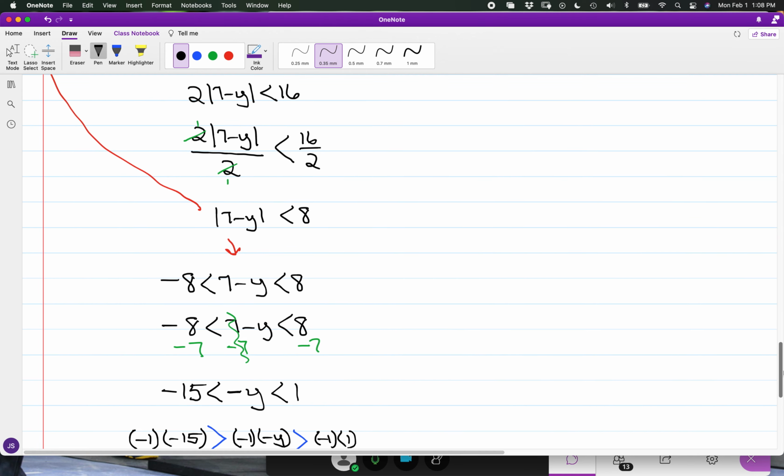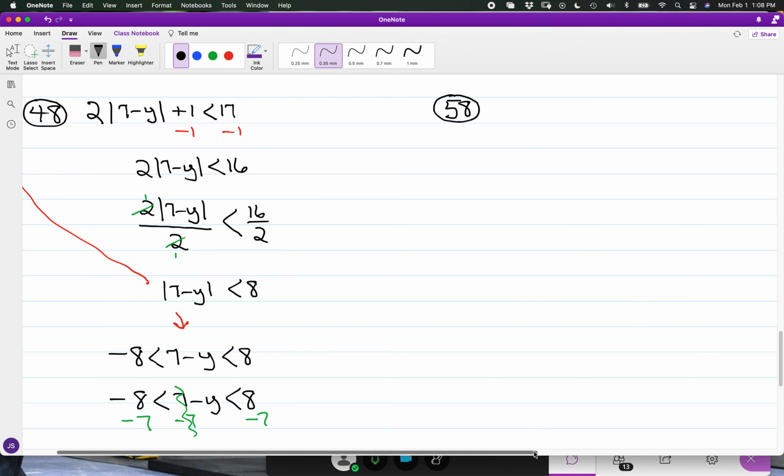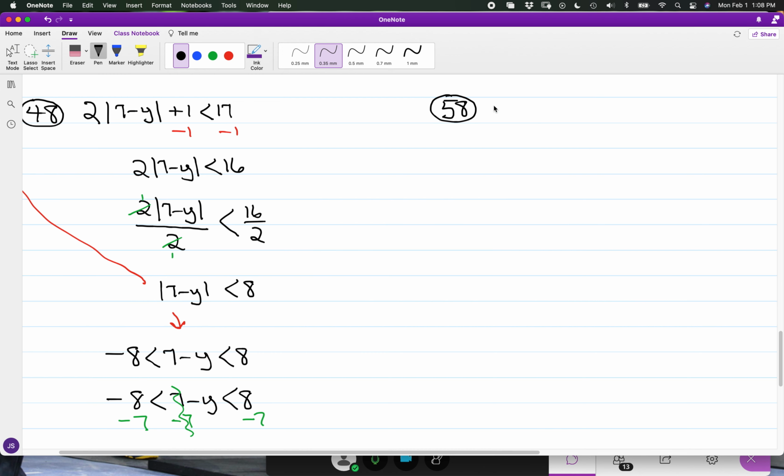And for number 58, now we're working with the variable d, and here we have that 15 is less than the absolute value of negative 2d minus 3, followed by the addition of 6.